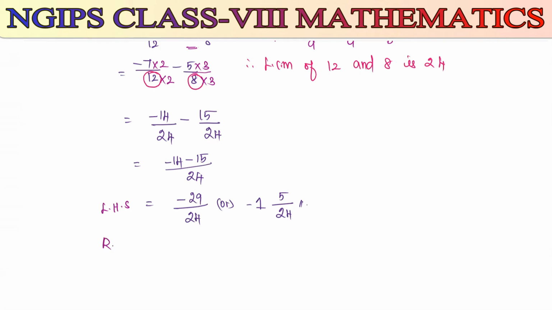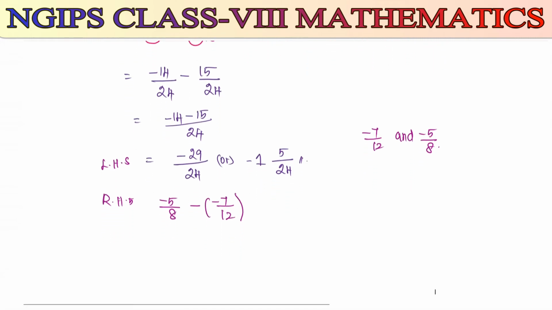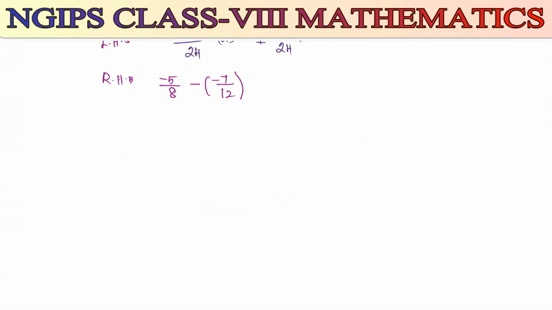For the RHS, we need to take the second term first. So here we have minus 5 by 8 minus of minus 7 divided by 12. The numbers are minus 7 by 12 and minus 5 by 8. Further if we simplify this, we'll get minus 5 by 8, minus into minus, we are going to get plus 7 by 12.